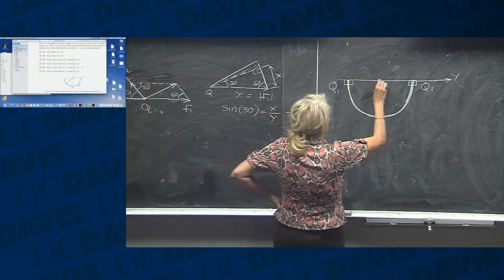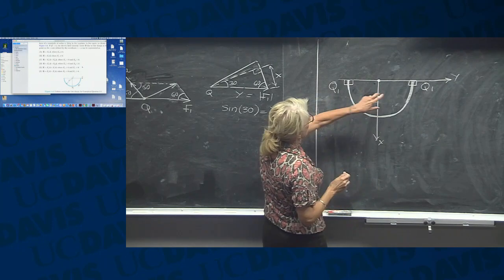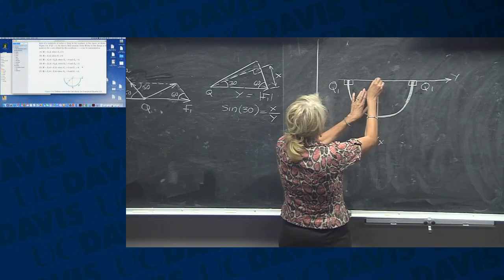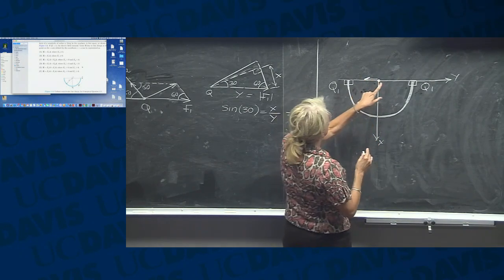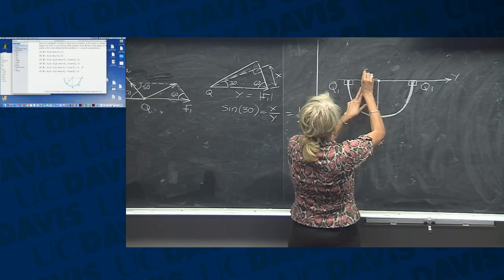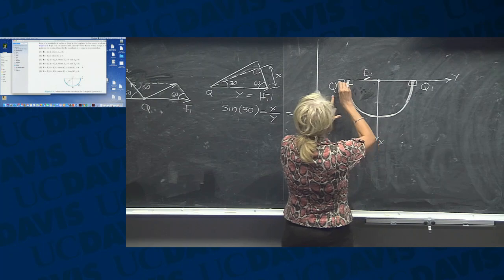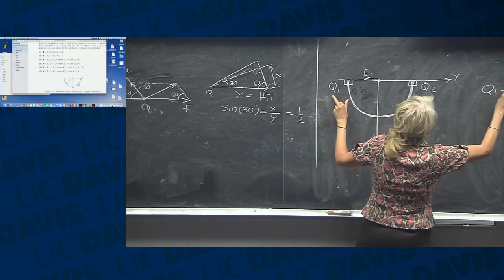And I am right here. If I'm at this point, how much is going to be the electric field from this charge? Like this. So this is from E1. How much is going to be Q1 and Q2? They are the same, all right?